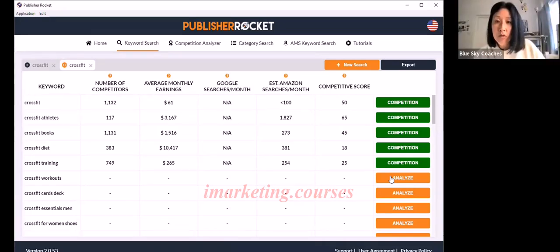All those books are not relevant, and you need to remove them manually one by one. So you need to check all the first 20 results. And it never hurts to use it in conjunction with Publisher Rocket. I like to use both together.